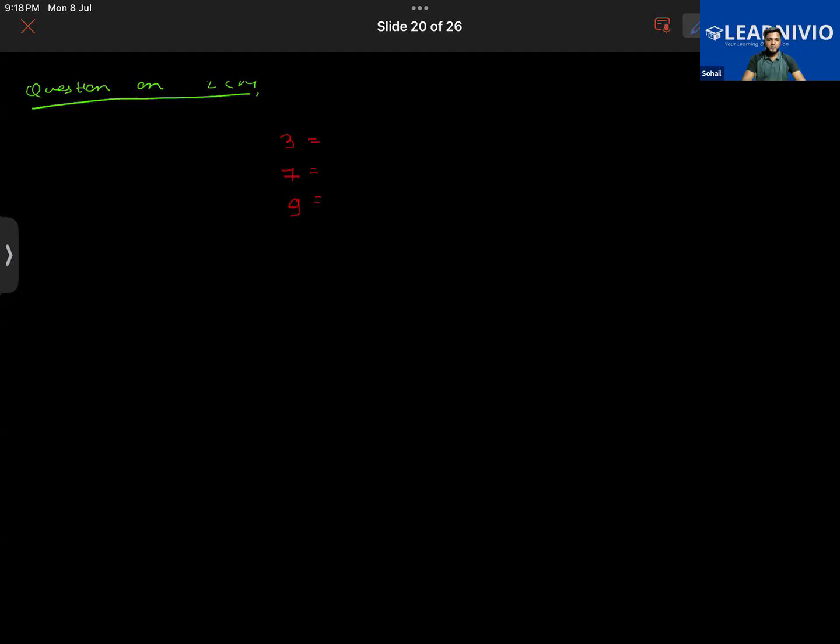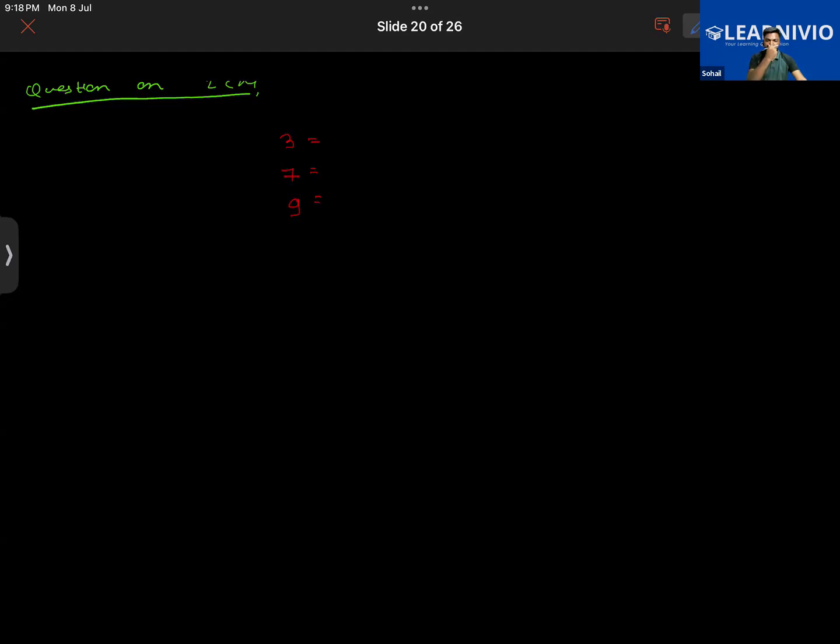Previously, we have learned about the highest common factor also. And right now we are learning about the lowest common multiple. By the way, we don't learn about the highest common multiple because there is no such thing. Since multiples themselves are unlimited, how can we have a highest common multiple if the number is unending?